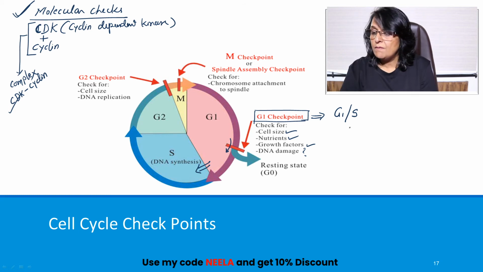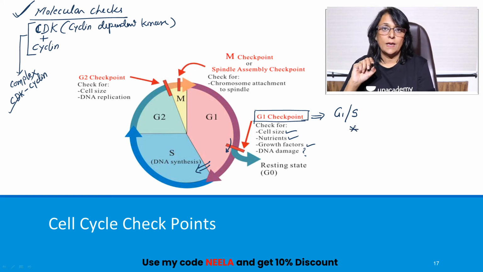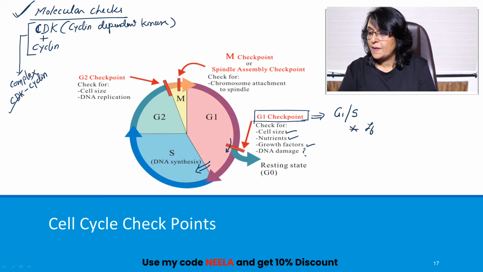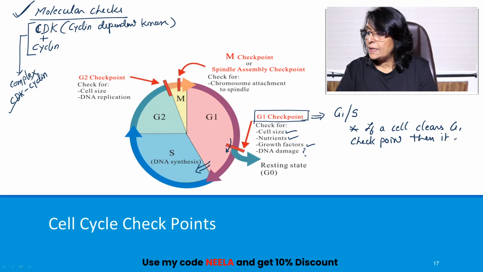One very important point: if a cell clears the G1 checkpoint, then it is committed to divide.